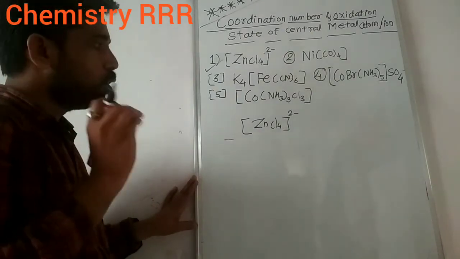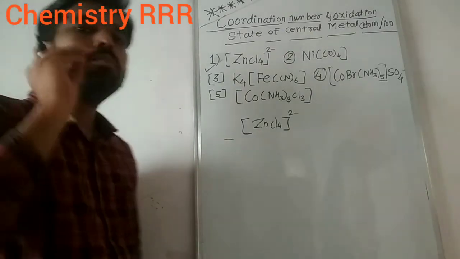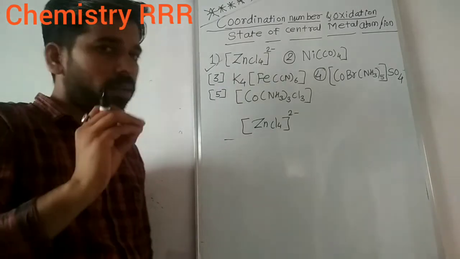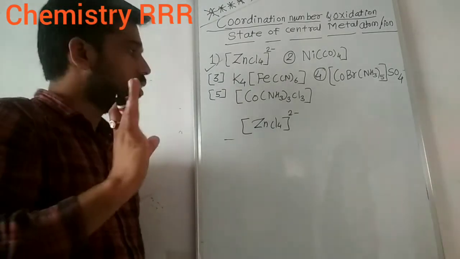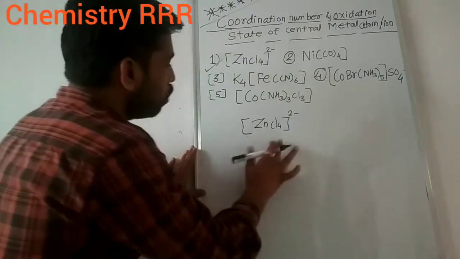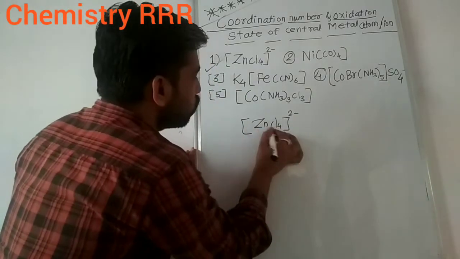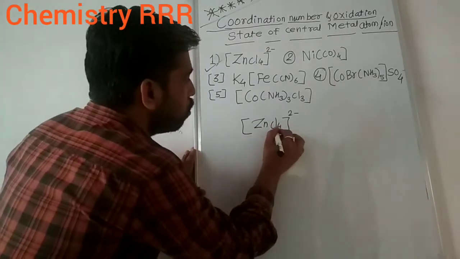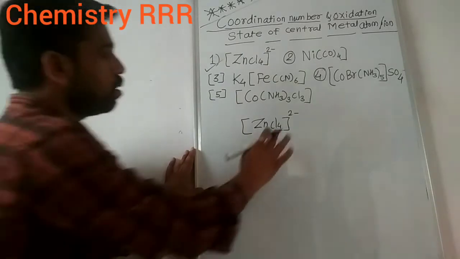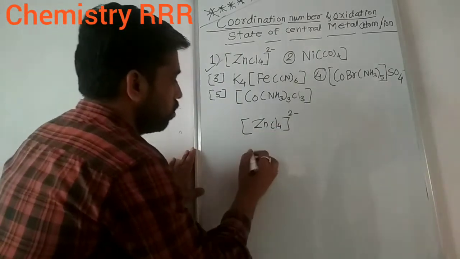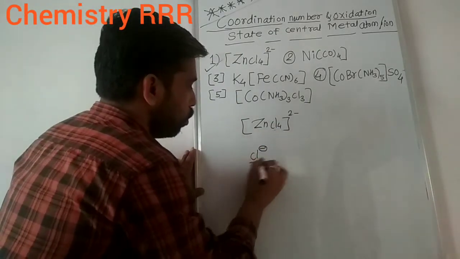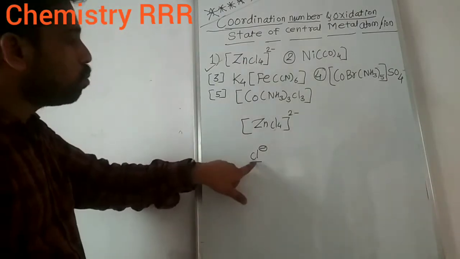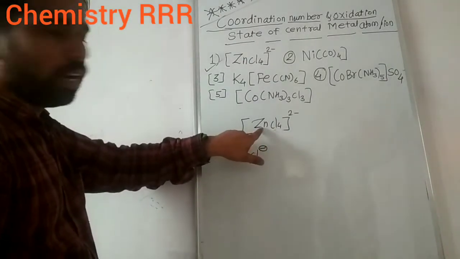Do you know what is meant by coordination number? The number of ligands attached to the central metal atom is called the coordination number. Now how many ligands are attached to the zinc? There are 4 ligands, that is 4 chlorido attached to the central metal atom, zinc.